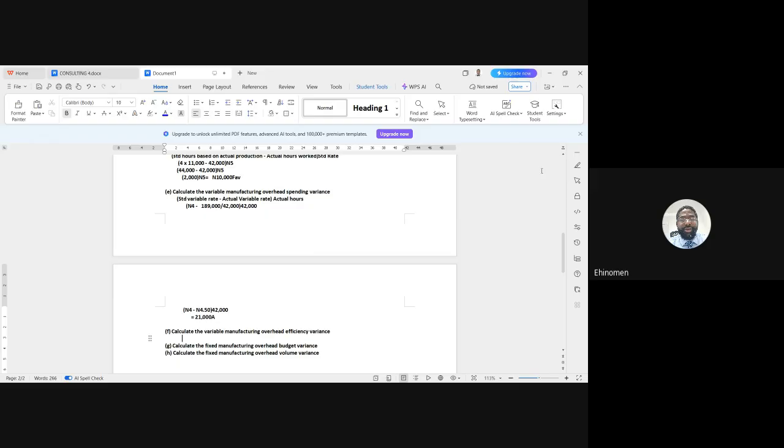Okay, so I got 8,000 adverse. Can you lead us through the process? Standard hours based on actual production is 44,000 hours minus actual hours worked. The standard rate is 4 naira. The difference is 2,000 times 4, which is 8,000 naira adverse. I don't know if I'm right.